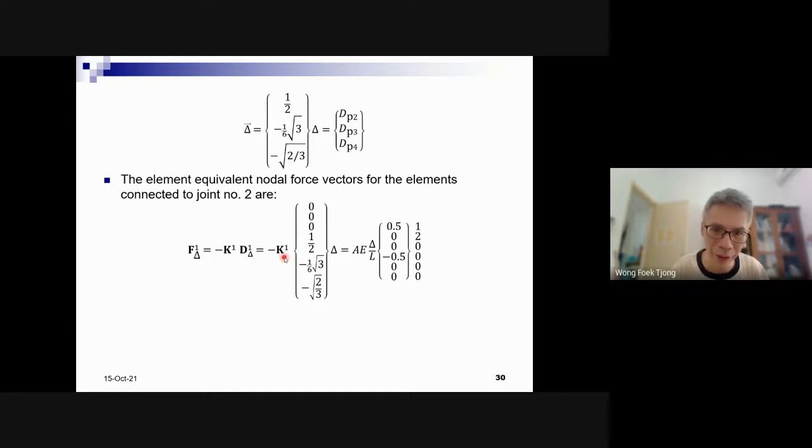So we just identify this one from here, plug it into this one, and then we get this. Again, this is the equivalent nodal force vector for element number 1 only. Any questions? Then element number 2.